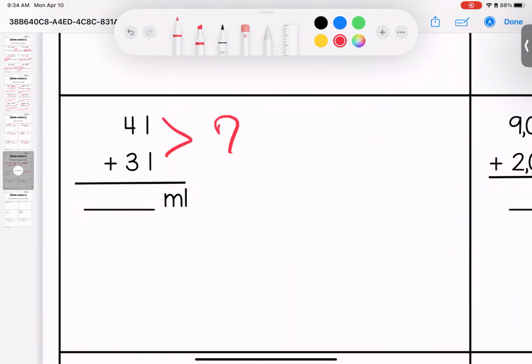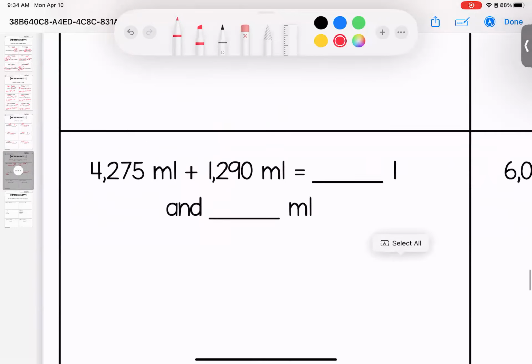4 and 3 gives me 7 liters or 7,000 milliliters. This one we had to do a little bit of extra work, not much, but they do not add up easily as mental math. So when we add these up, I get 5,565 mLs, and I want you to put it in liters.